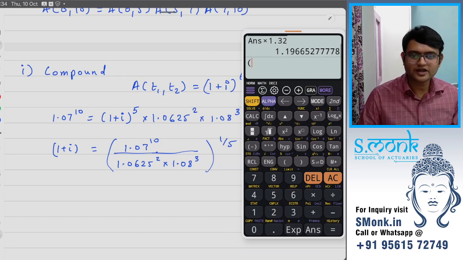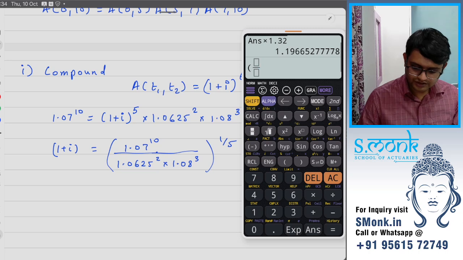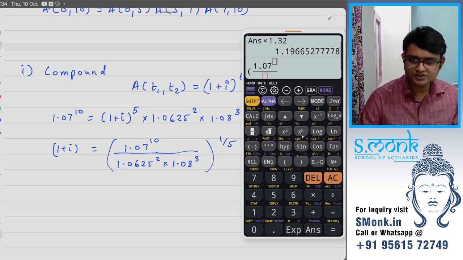I'll start with a bracket, then I want a fraction. Let's say 1.07 raised to 10.